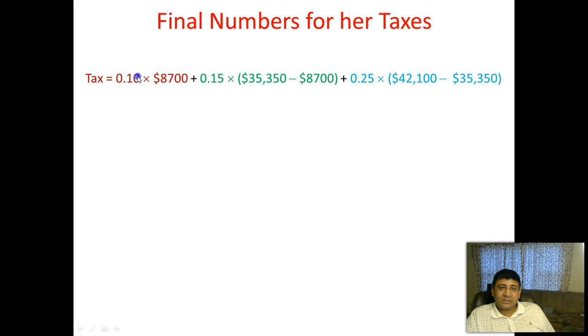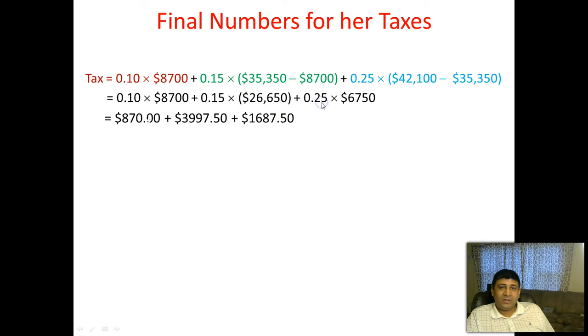When you calculate this, multiply this one out, add these two, subtract these two and multiply with this one. Doing this multiplication using a calculator, her taxes come out to be $6,555, fair and square, no cents.